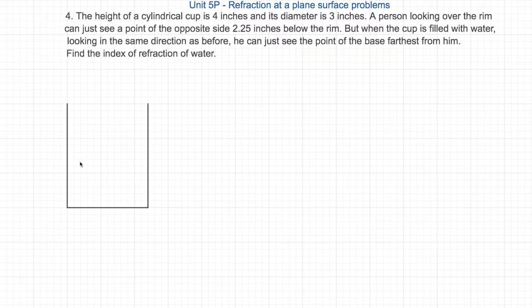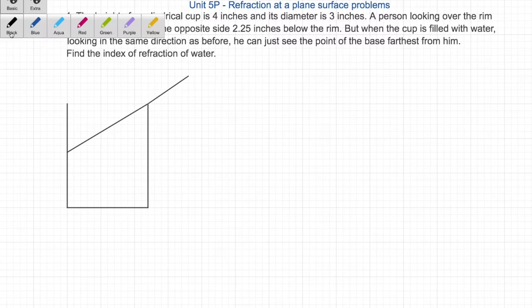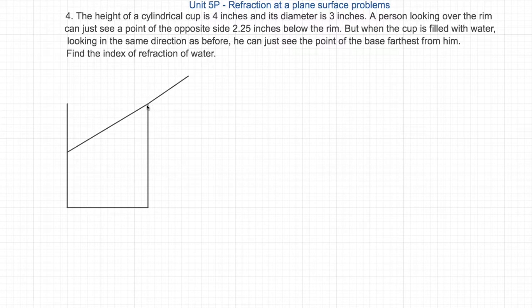So here's our cup, and here's our ray from a point 2.25 inches below the rim without water. And now we'll make this ray blue. This is the ray from the base at the opposite side of the cup when the cup is filled with water.